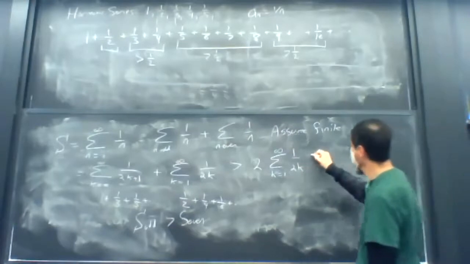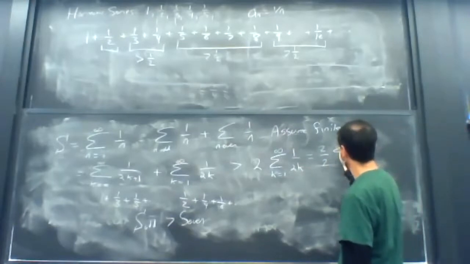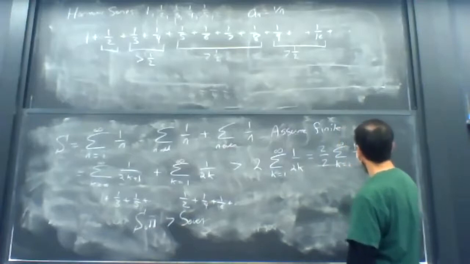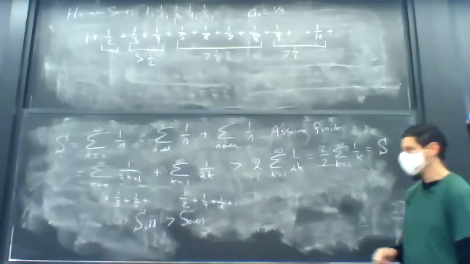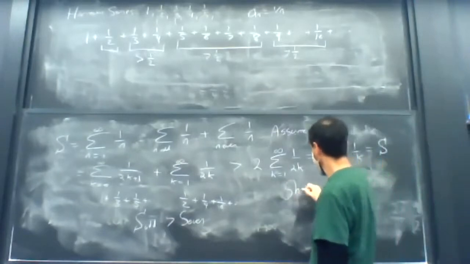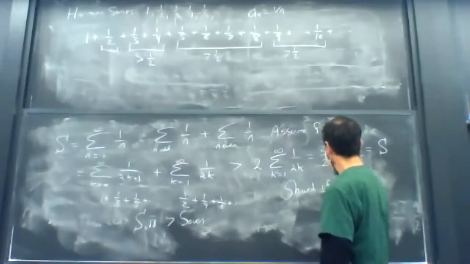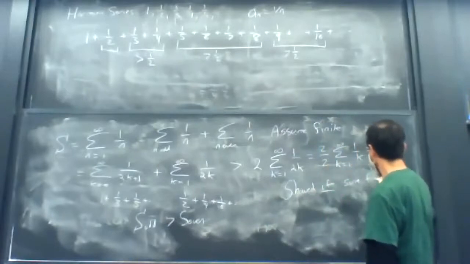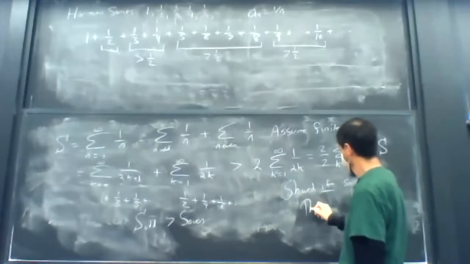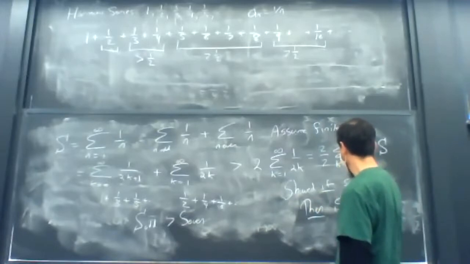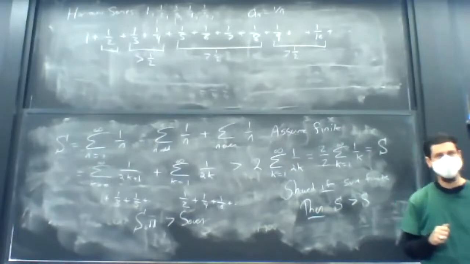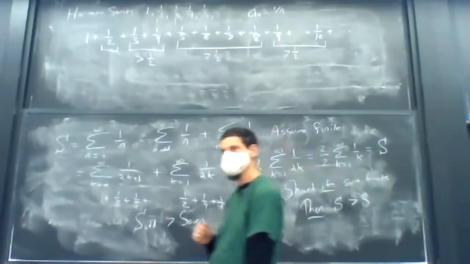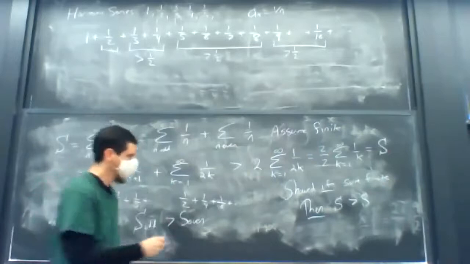So this is just the same as 2 over 2, the sum k goes from 1 to infinity of 1 over k, which is just our original sum S. And so we showed: if the sum is finite, then S is strictly greater than S. Can you be greater than yourself? Contradiction.